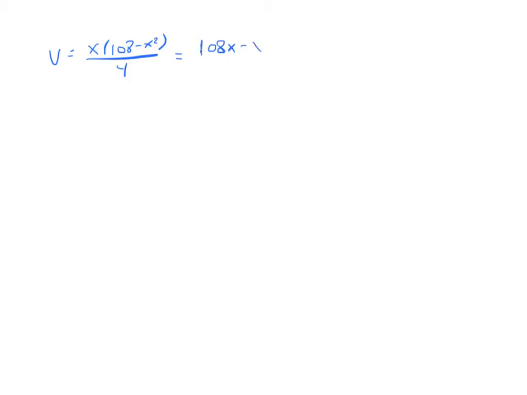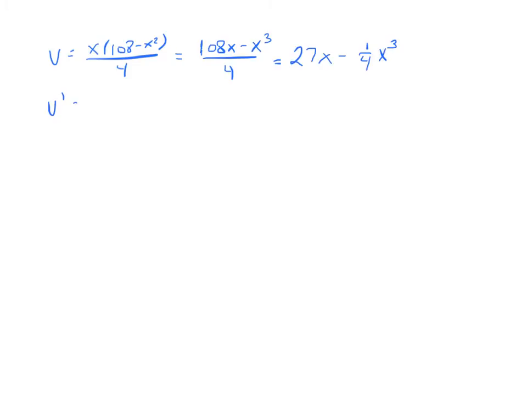So that's 108x minus x cubed over 4. Okay, this is not right. Let's try that again. 108 divided by 4 is 27. We still have this x minus 1/4 x cubed.